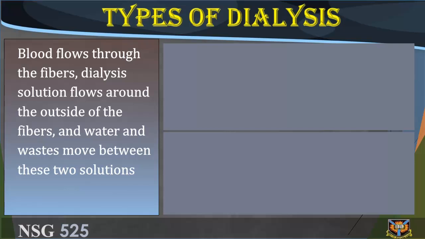The concentrations of solutes, for example potassium, phosphorus, and urea, are undesirably high in the blood but low or absent in the dialysis solution, and constant replacement of the dialysate ensures that the concentration of undesired solute is kept low on this side of the membrane.